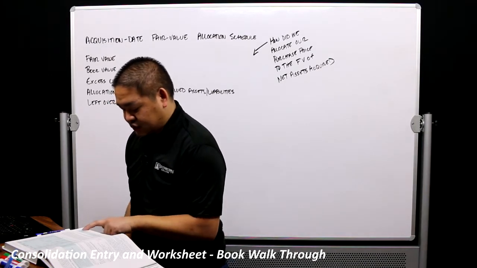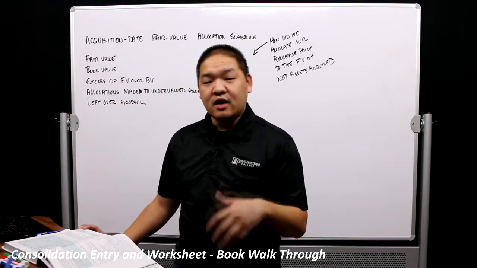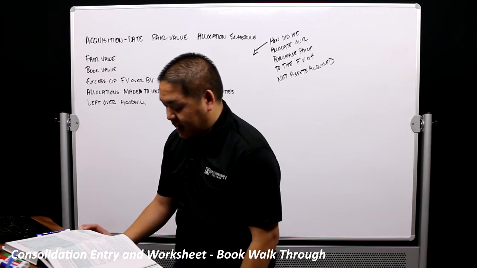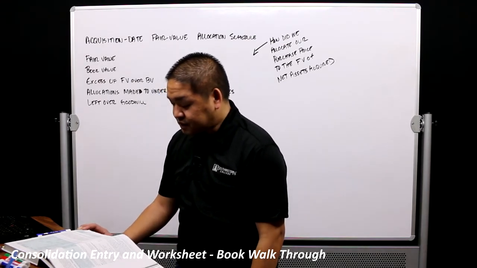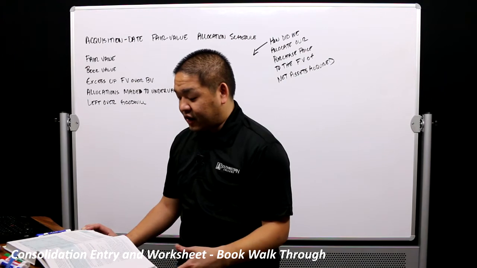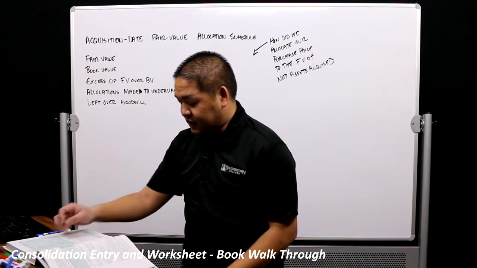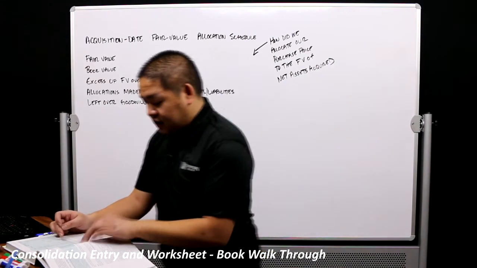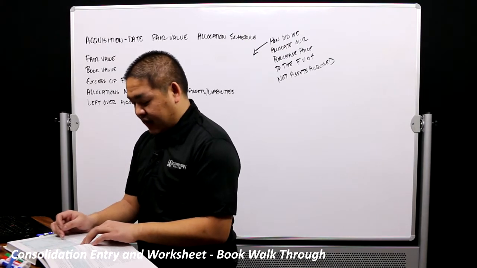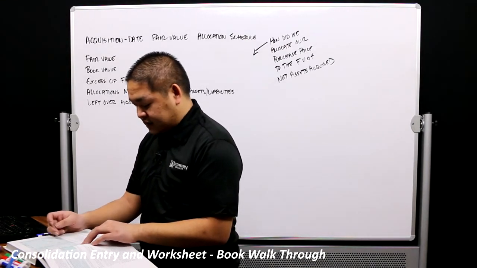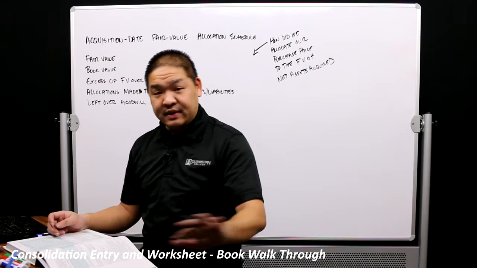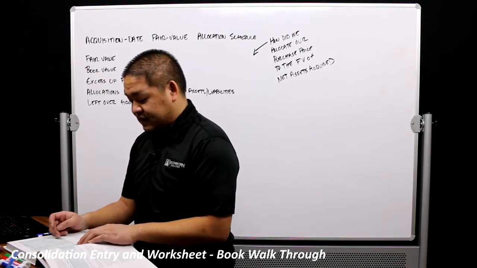So we're going to eliminate that. How do we eliminate that? We will debit common stock, additional paid-in capital and retained earnings that are in Smalls. So Smalls has $100,000 of common stock, $20,000 of APIC, $480,000 in retained earnings. So we're going to eliminate that, and that would give us $600,000.